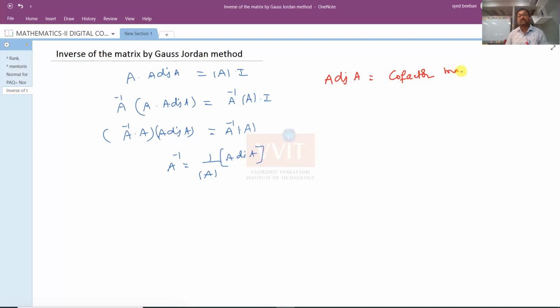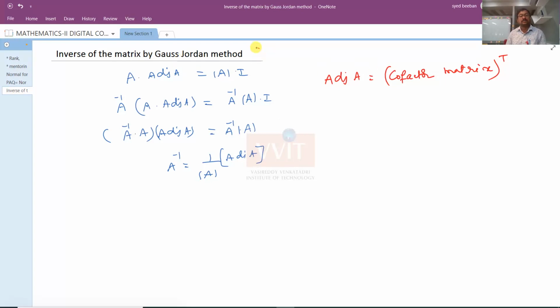Up to 3 by 3 means for 9 elements you need to compute the cofactors. But if it is 4 by 4, it will be a tough task to compute the determinant as well as the cofactors. So to overcome this, we can do the same by using the Gauss-Jordan method.